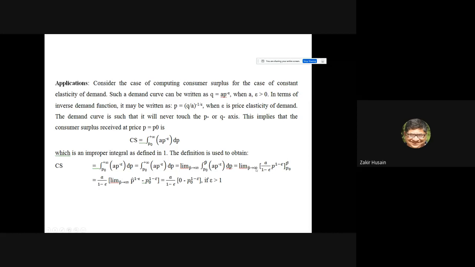So limit p hat tends to infinity, and the integral of this is this form. We evaluate this at p0 and p hat. This is constant, we bring it out, and we have p to the power of 1 minus epsilon. Okay, so now we take the limit of p hat tends to infinity, 1 minus epsilon, minus p0 to the power of 1 minus epsilon.